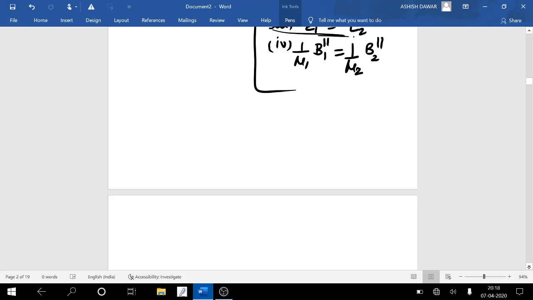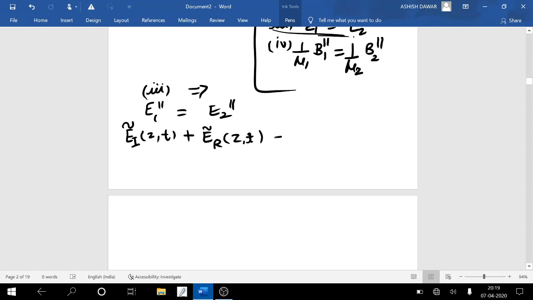Now equation 3, the third boundary condition, that is E1 parallel equals E2 parallel. So here on the left side we have E_I(0,t) plus E_R(0,t) equals, on the right side, the transmitted wave E_T(0,t).